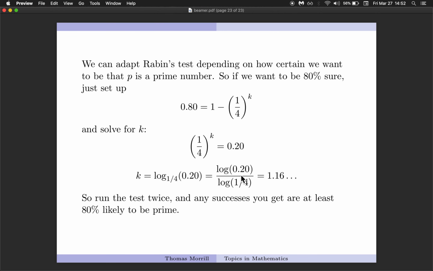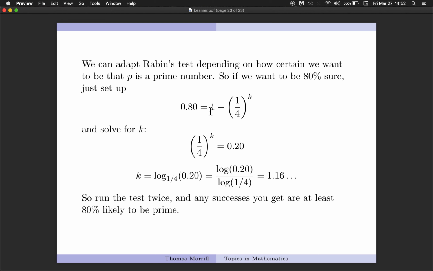So in practice, let's say that I don't need so small a margin of error. How many rounds do I need to use to get the confidence that I want? It all depends on how much work I'm willing to put in to be x% sure. So for example, if I want to be 80% sure I've got a prime number, I'm going to set up this formula that says my confidence is 80%.